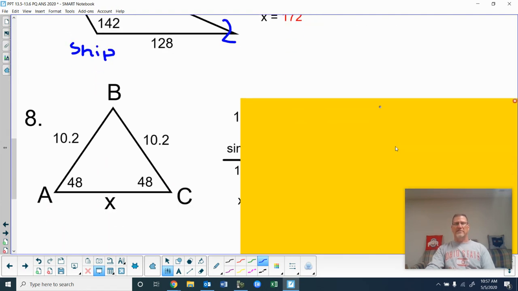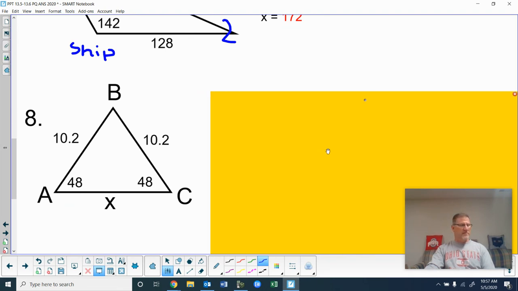All right, number 8 is another word problem. And it says this: an isosceles triangle has two equal angles of 48 degrees and two equal sides of 10.2 meters. Find the length of the third side. Okay, some of you didn't finish this. Some of you just found the third angle.